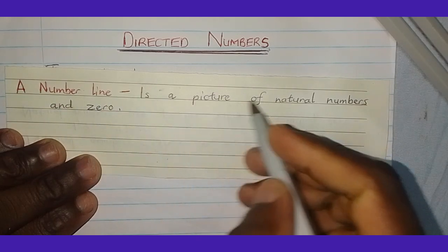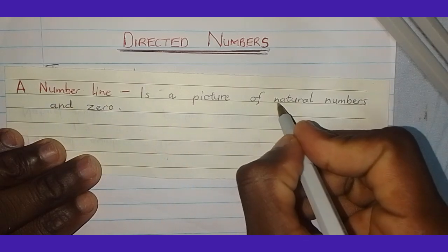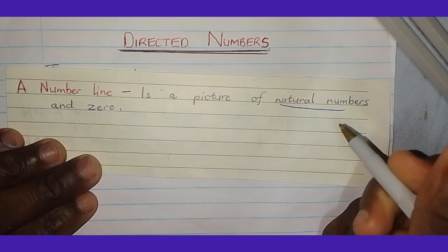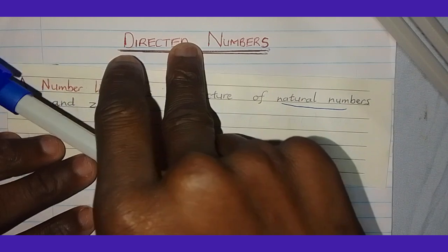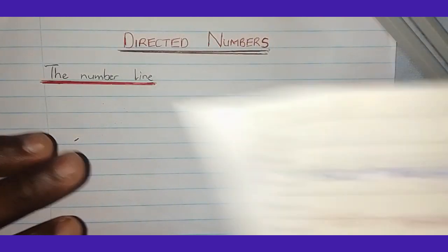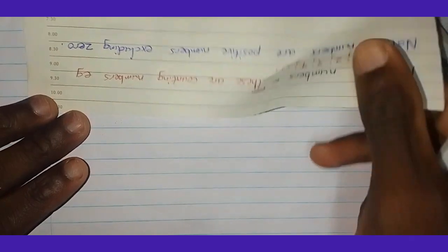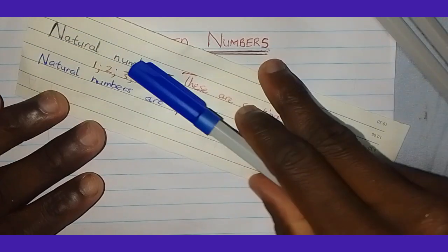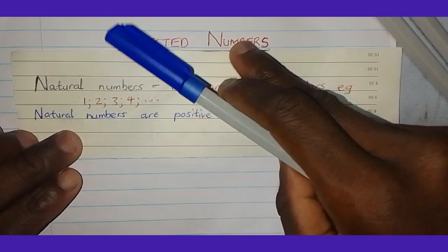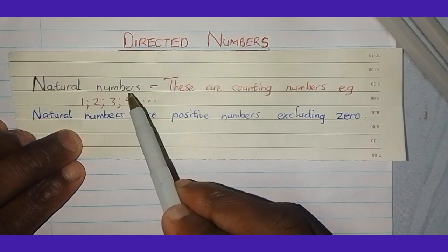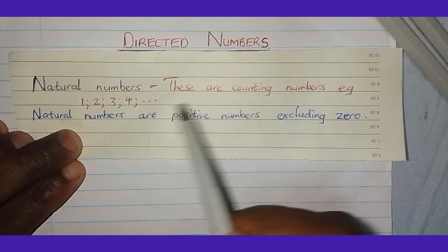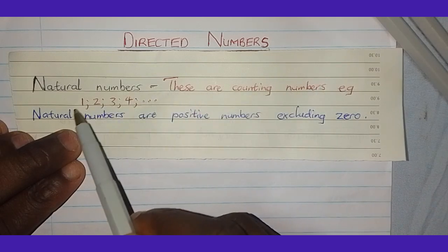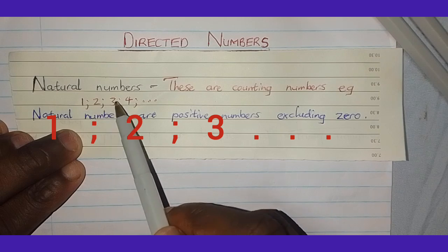So, what is a natural number? Maybe you've forgotten, or it's something that you've never heard of. So here I have the definition of a natural number. Natural numbers are counting numbers, for example, we have 1, 2, 3, 4.